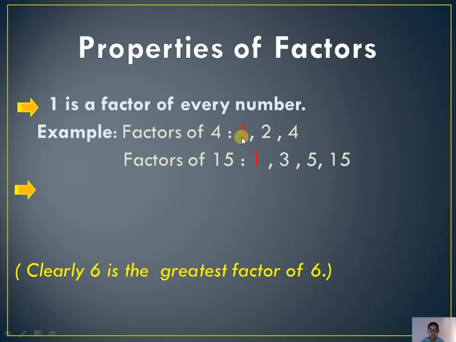Here you can see 1 is also a factor of 4. Now in the second example we have to find the factors of 15. Factors of 15 are 1, 3, 5 and 15. Now as you can see 1 is a factor of every number.